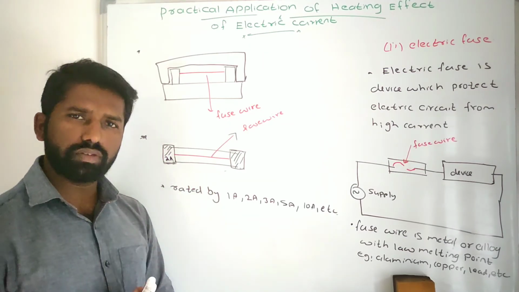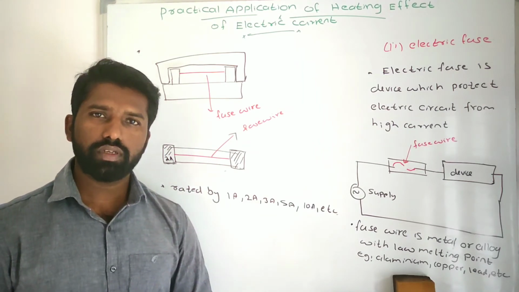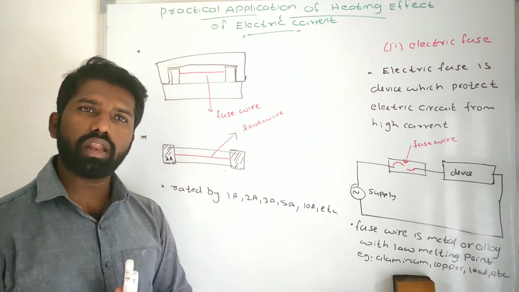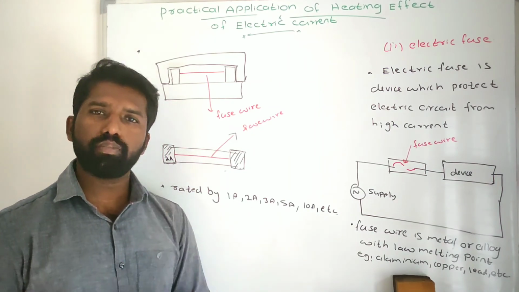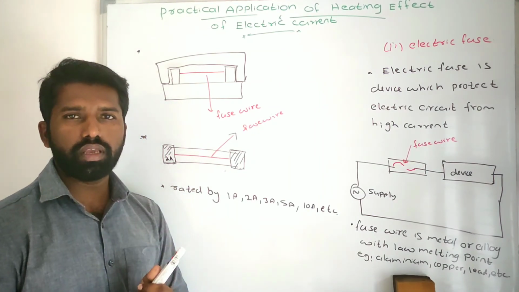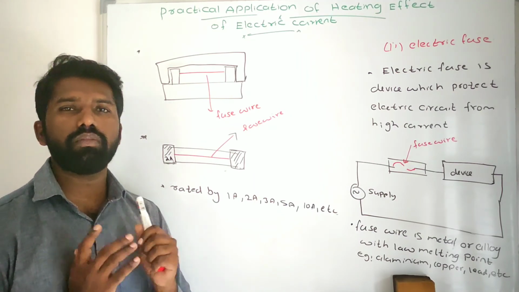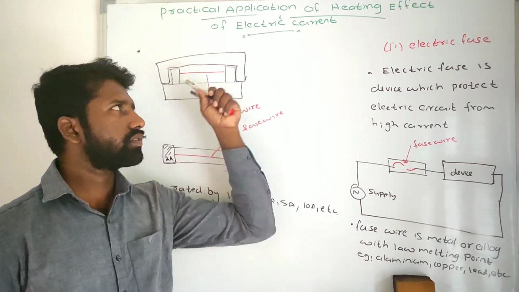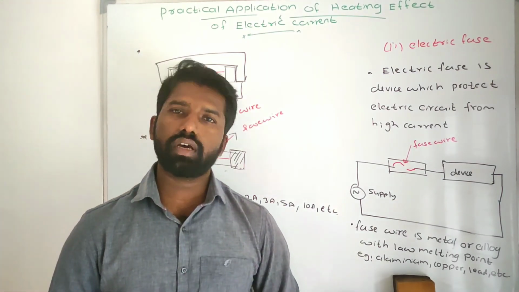What is the rating value? If this fuse is 2 ampere, then the maximum allowable current through the fuse wire is 2 ampere. If it increases, the fuse wire melts and the circuit becomes an open circuit. This is about the applications of the heating effect of electric current.